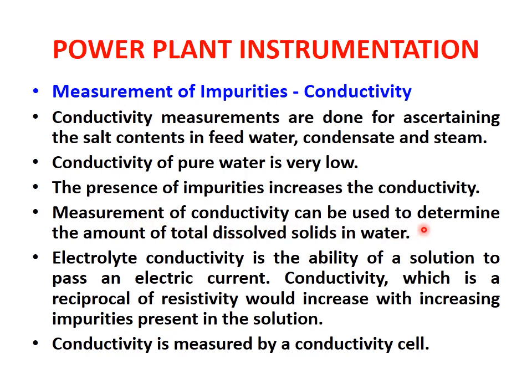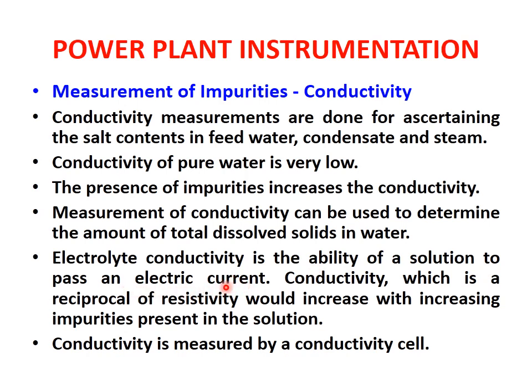Measurement of conductivity can be used to determine the amount of total dissolved solids in water. So if you have to find how much percentage of dissolved salts or dissolved solids are there in water, the conductivity of that particular water is important. Electrolyte conductivity is the ability of the solution to pass an electric current.